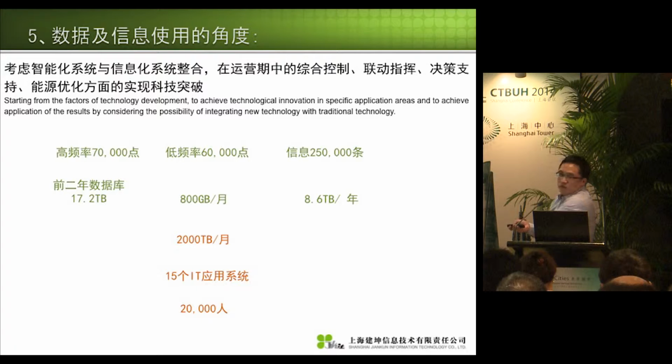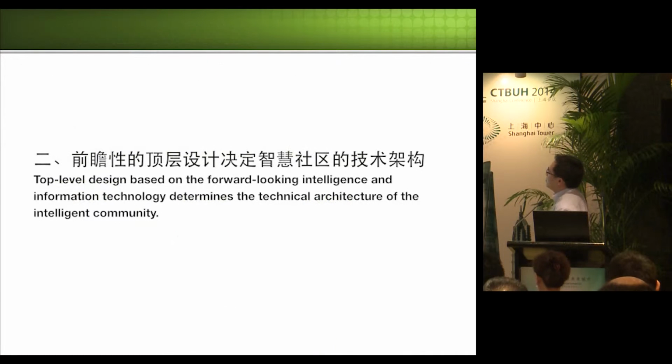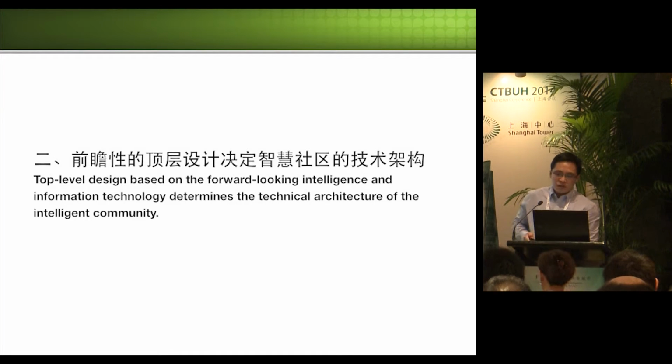So altogether, there will be around 250,000 messages. And the data size is growing by 800 GB every month, and in total 8.6 TB every year. So in addition to that, we are going to see more data. For example, the video data will total 2,000 TB per month.